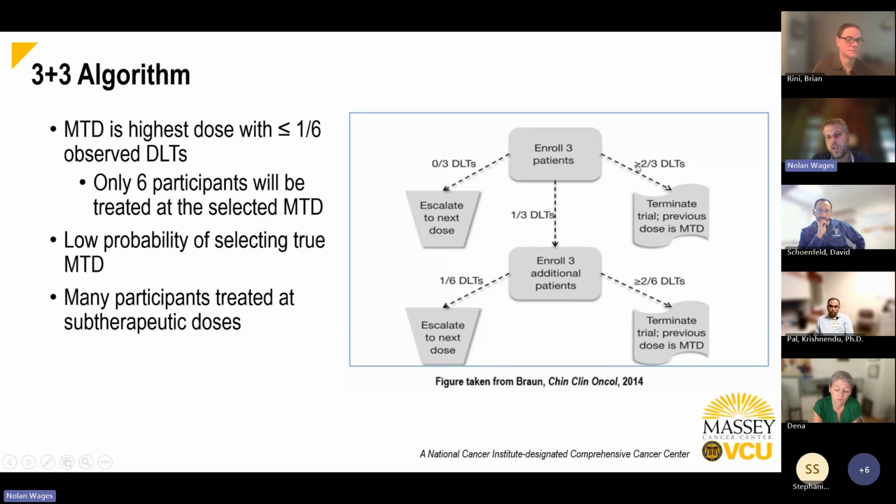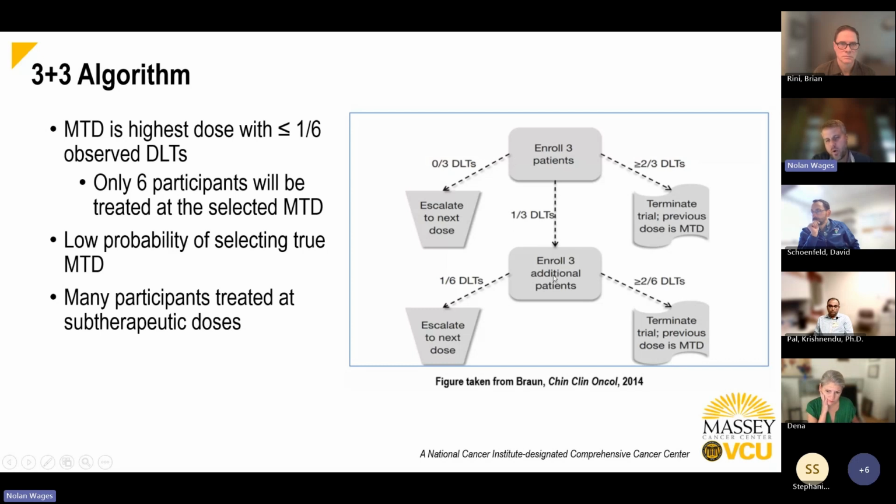If we see at least 2 out of 3, we're going to stop the trial, and the dose immediately lower than that is deemed the MTD. If this happens at the lowest dose, the trial is stopped for safety, and no other doses are explored. If 1 out of 3 DLTs are observed, we enroll 3 more patients at that dose level. And if 0 out of 3 DLTs are observed, we escalate to the next dose level.